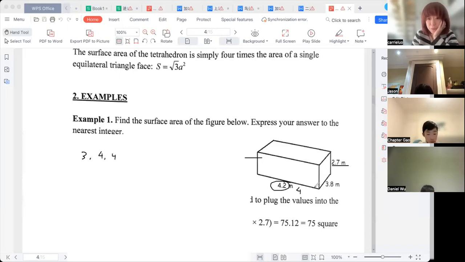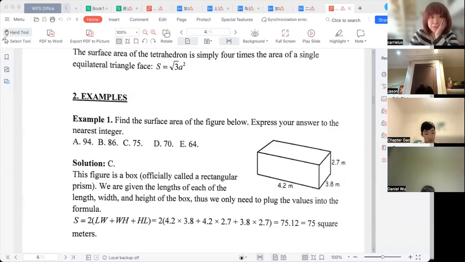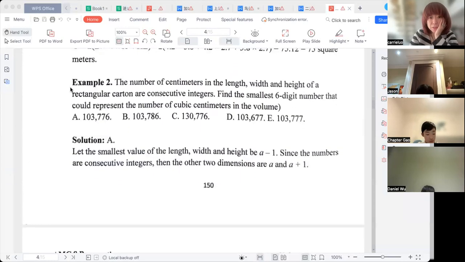I'm using this one as 4, and this one as 4, and this one as 3. So basically it's 4 times 4 plus 3 times 4 plus 4 times 4 and times 2. Understand, everybody? Okay, we can just directly use the integers to do this one. Okay, so let's take a look at number 2.